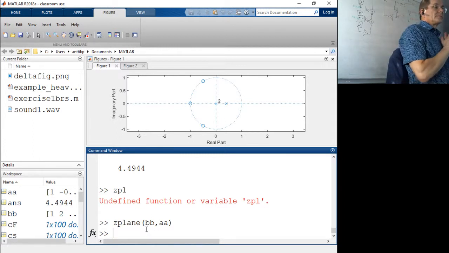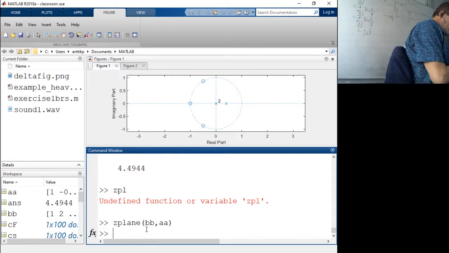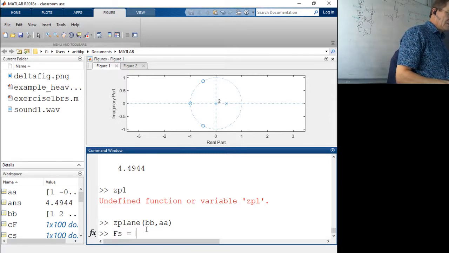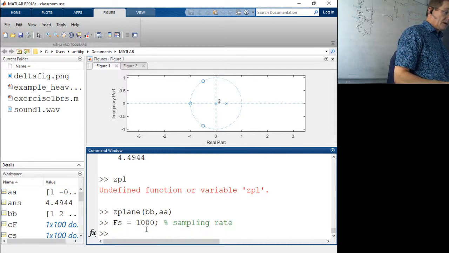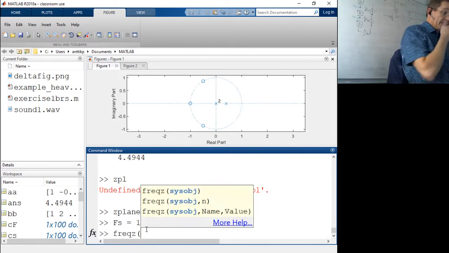Okay. And the next part, frequency response for the same system. When I have a system, I like to always have some sampling rate for the system to make sense of the parameters.